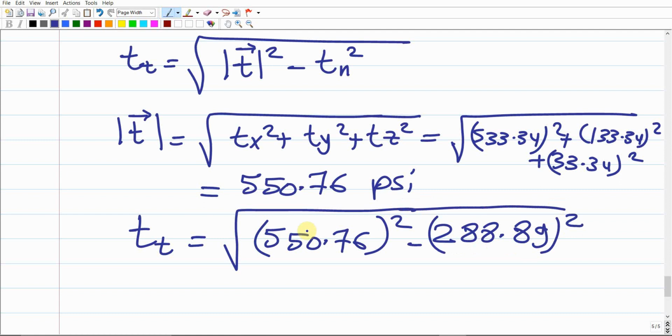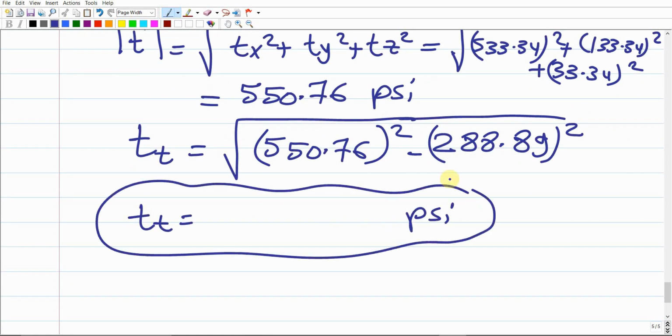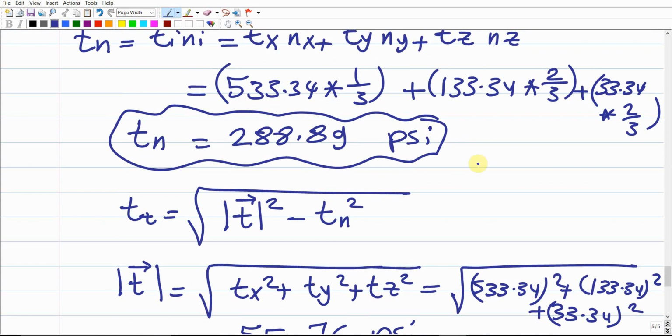If we do the calculations, we end up with the tangential component in psi. This is going to give us 468.92 psi.